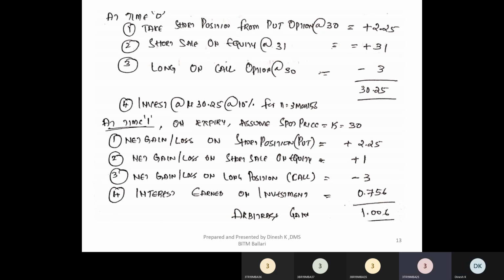Decrease the price. Short sale on equity. Yes, any other answer? What change in the price will cause the loss? Increase in price, sir. Increase in the price, not decrease in the price. If the price decreases, you will make a gain.